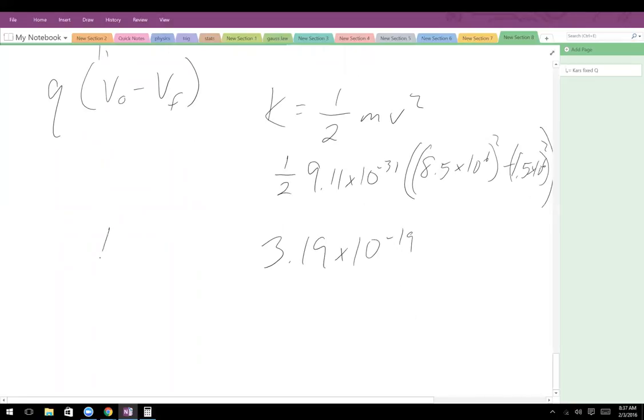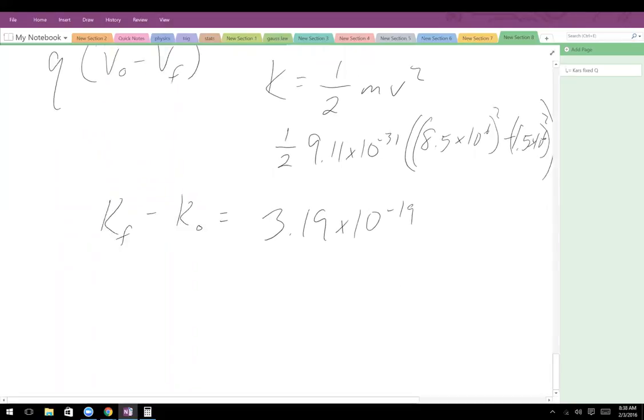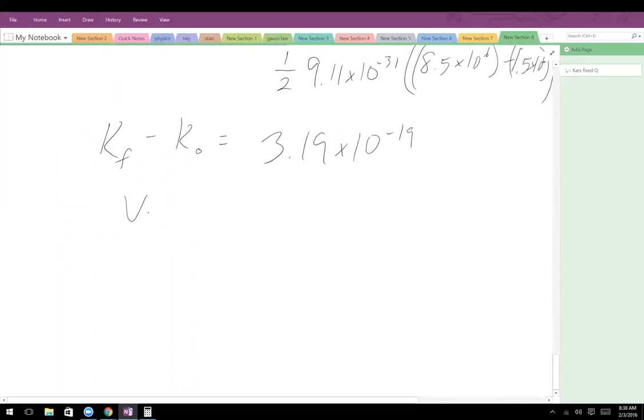So that's the final kinetic minus the initial kinetic. And again, the last thing is, that's equal to Q times the potential difference. So just divide that by the charge and we're done. So the potential difference is just that divided by Q, which is negative 1.6 times 10 to the minus 19.